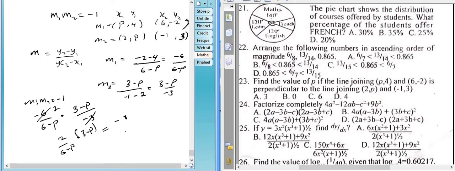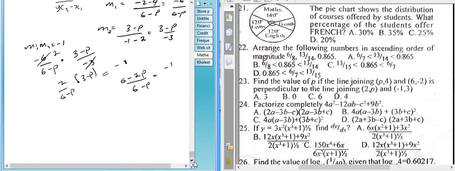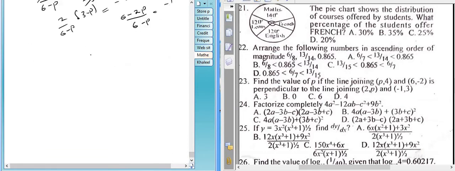Okay, so from here we can see we have 6 minus 2p all over 6 minus phi is equal to -1.